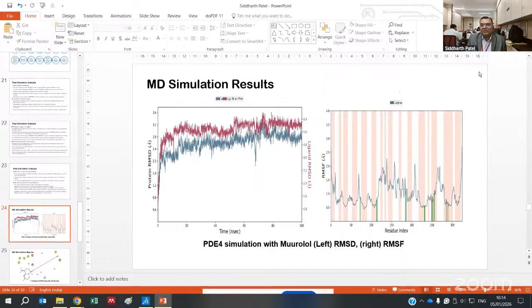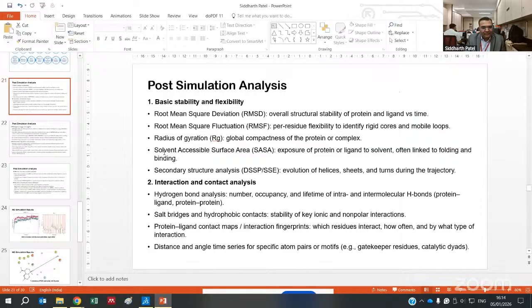Like some people are lactose intolerant, not able to digest lactose. So which protein is mutated? That mutated protein can be studied here. Then radius of gyration, solvent accessible surface area, secondary structure analysis, all those kinds of studies can be done.